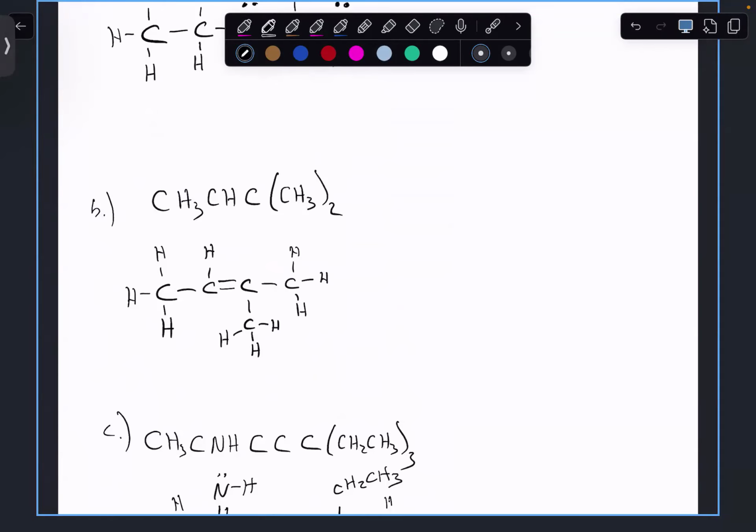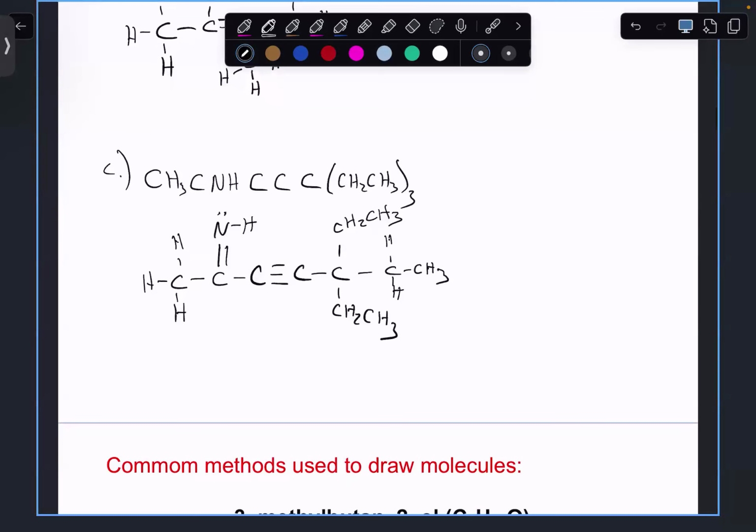Put in a double bond, put in a triple bond, see if that works. If that still doesn't work, that's when you want to start thinking about pulling heteroatoms out. And again, that is usually just going to be reserved for nitrogens and oxygens.